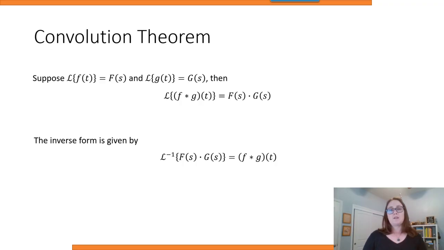So we can use these in problems where I have a product that I want to find the inverse transform of, and really all I need to do is find the inverse transform for each of those functions individually. So for big F and big G, find the inverse transforms. And then I do the convolution of those two resulting functions to find my inverse Laplace. So that can be really helpful in the process of solving a differential equation.